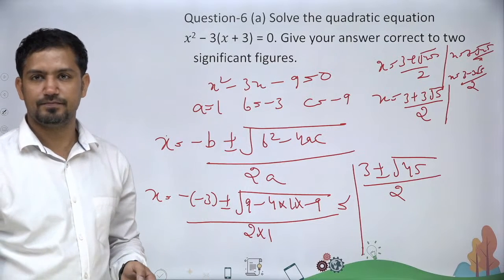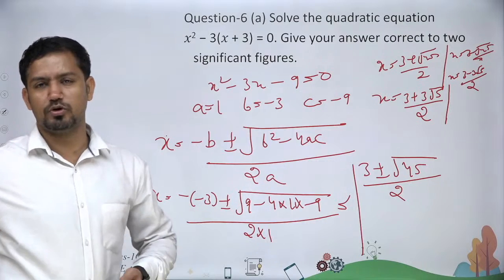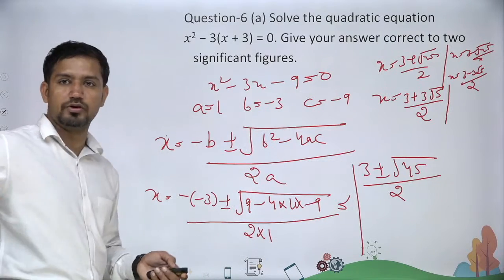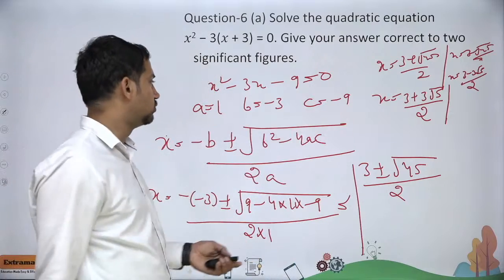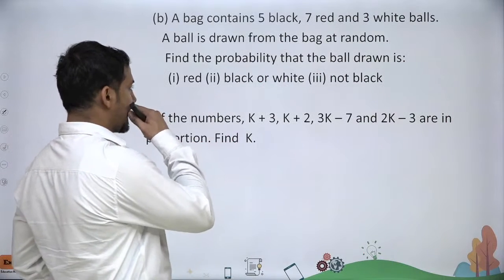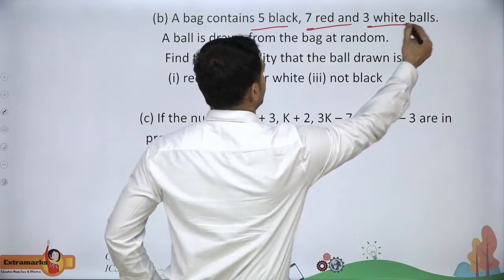Root 5 is about 2.2, 2.3, 2.4. By this method, because we know that root 4 is 2, it is approximately 2.2 to 2.4.